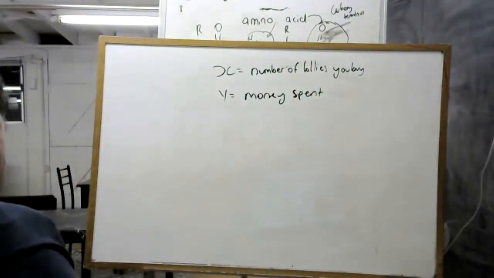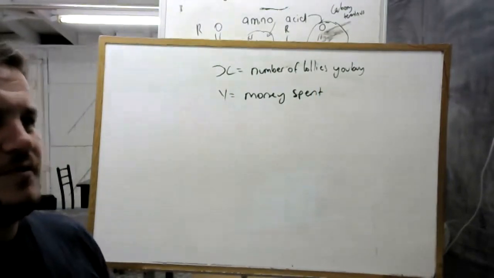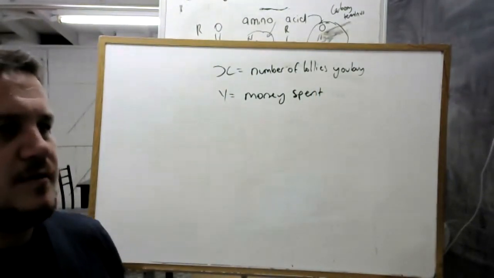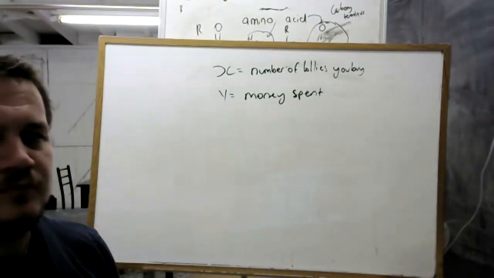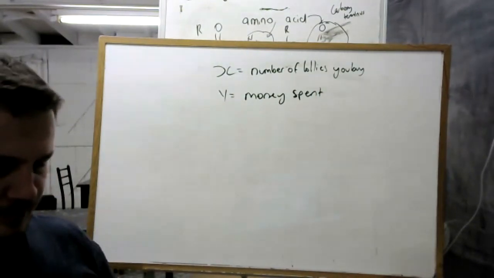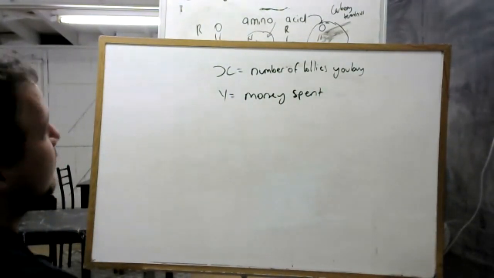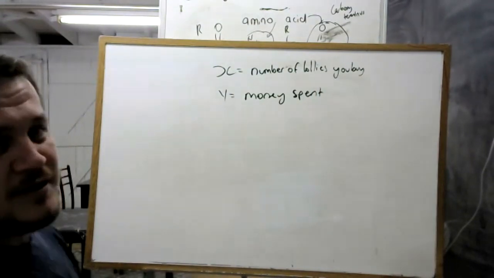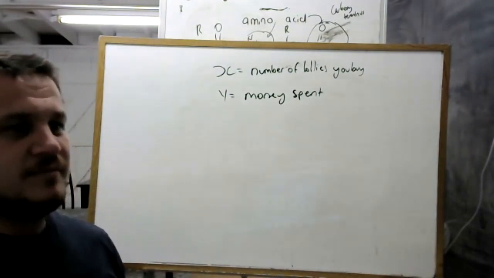What would the graph look like? Take a minute or two to do that one. Wait, are we doing inverse or direct? Direct. Like if you're buying more lollies and spending less money, then you're probably stealing.